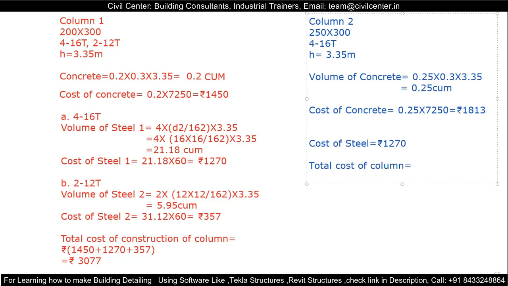So that will be the addition of these two, that is 1813 plus 1270. So how much will it be? 1813 plus 1270. So it's coming 3083.